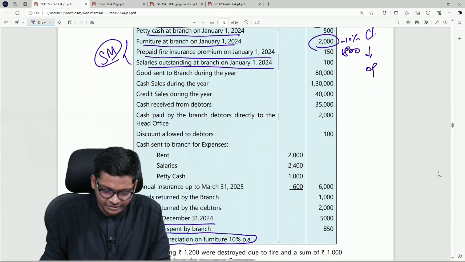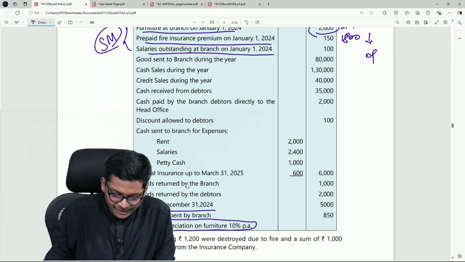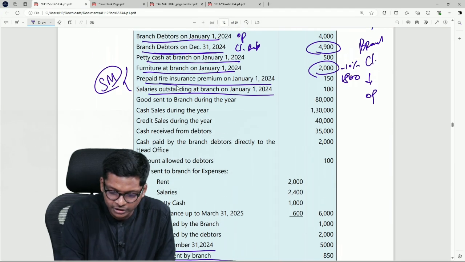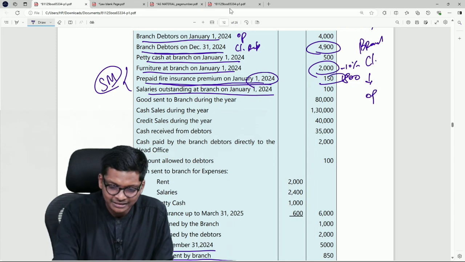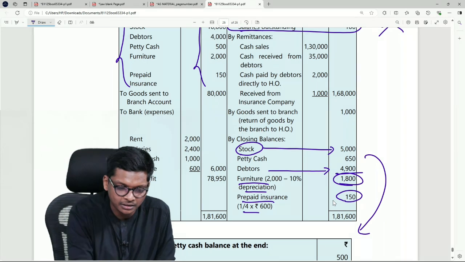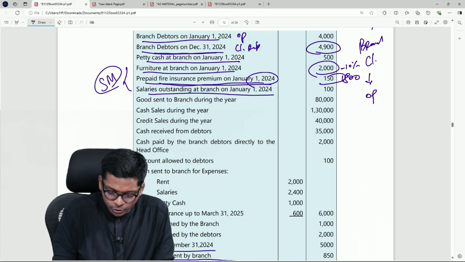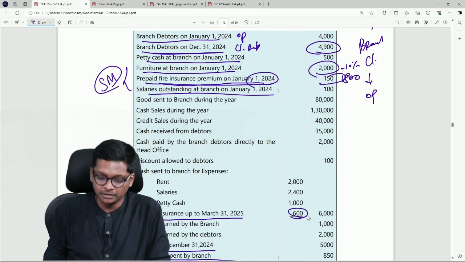And the last closing balance, look at this, annual insurance, prepaid. If you take prepaid fire insurance premium on 1st Jan 150, the same thing is repeating, prepaid insurance 150 in the end. That is because annual insurance is there up to 31st of March, 600.